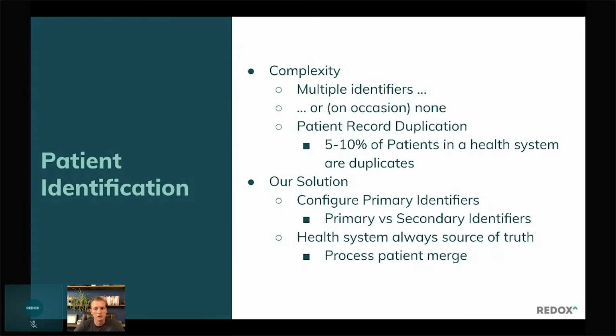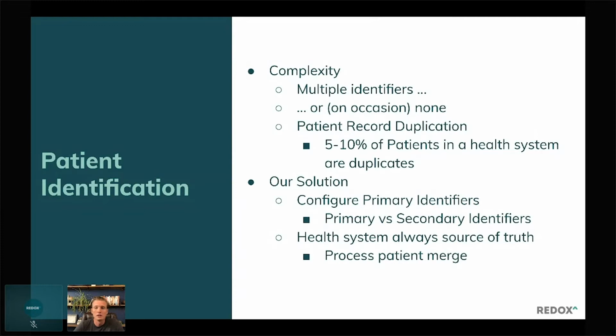We still will ingest secondary identifiers, persist those with the patients, and allow for those patients to be searched by those secondary identifiers. But the primary identifiers are used to match the patient, so that when we get events for a patient with that identifier, we know that they all belong to the same patient. So the key here is that all those primary identifiers could be different ID types across health systems.